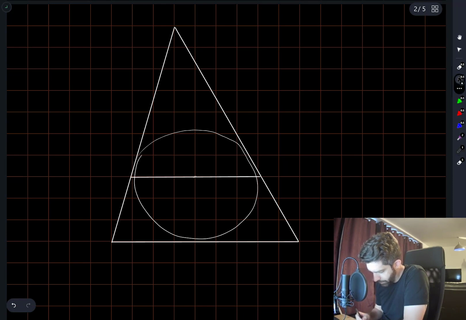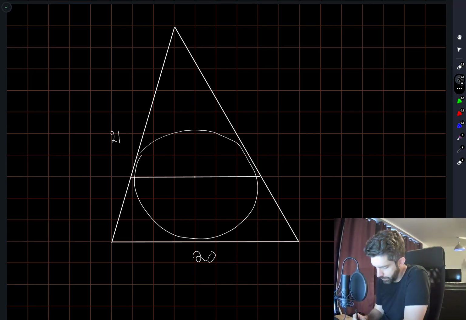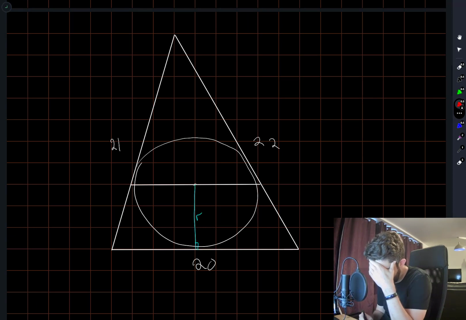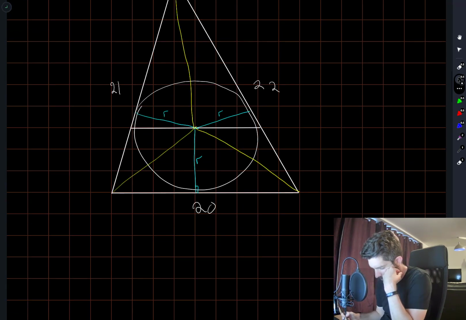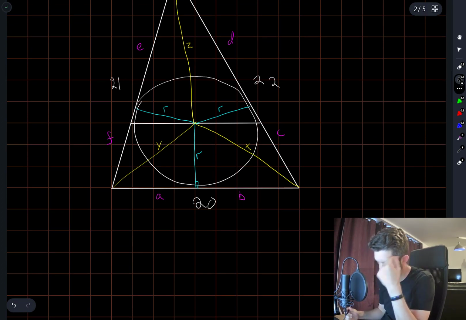So if I can find this radius, this is 20, 21, 22. If I can find the radius, will I be done? I'm not really sure. Like, am I really going to set up an equation with this many variables?